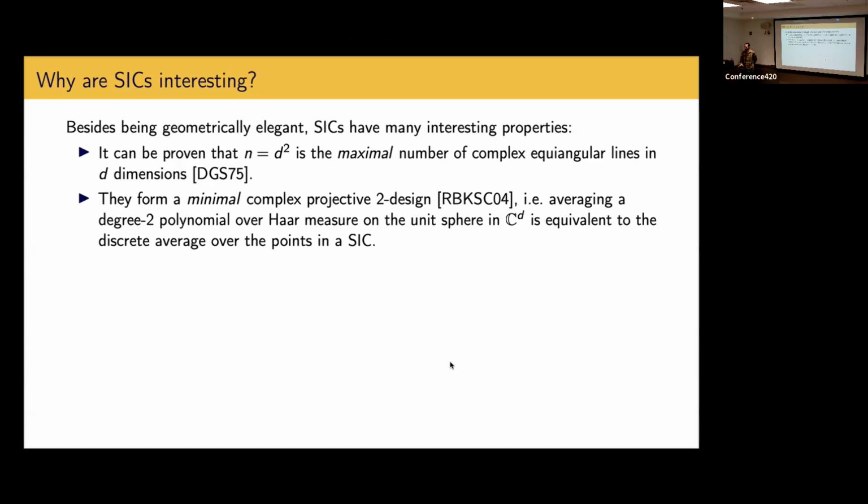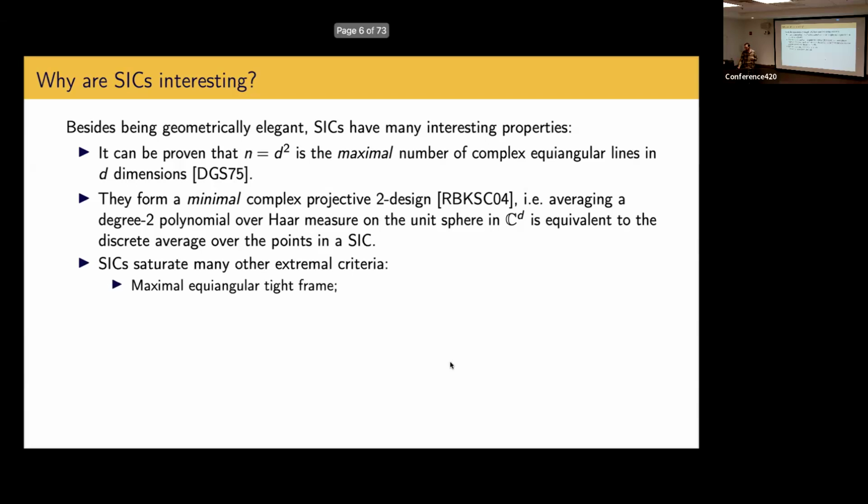They're a complex projective 2 design, which is minimal. Like all designs here, these are state designs, not unitary designs, which are probably more familiar to this audience. But if I average any degree 2 polynomial over the uniform measure on the surface of a complex sphere, then it's the same as if I just take the discrete average over those d squared points in the SIC.